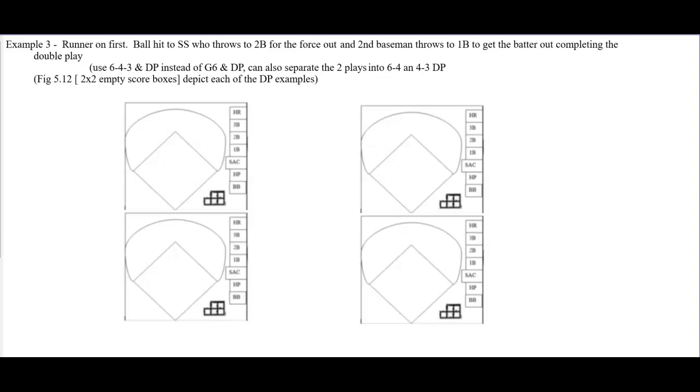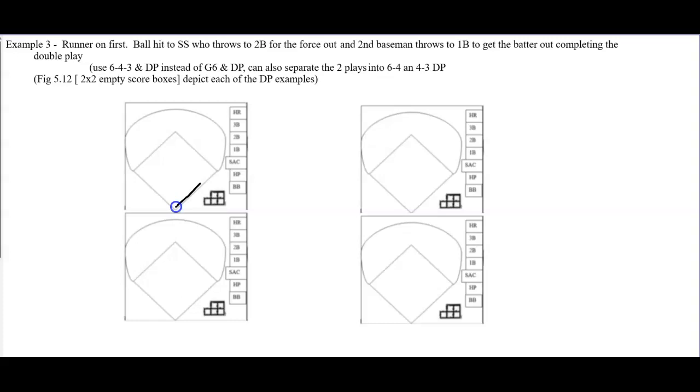Recording double plays in this fashion. There's two different ways we can score a double play using this method. We will use the example of there being a runner on first base. A ball is hit to the shortstop who throws to second base for the force out, and the second baseman throws to first base to get the batter out to complete the double play.